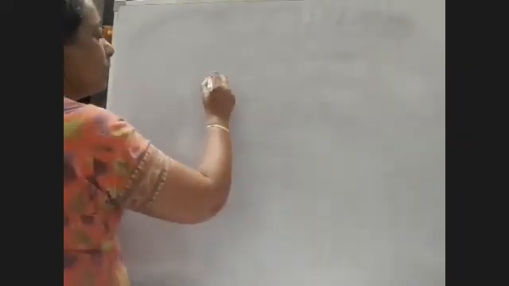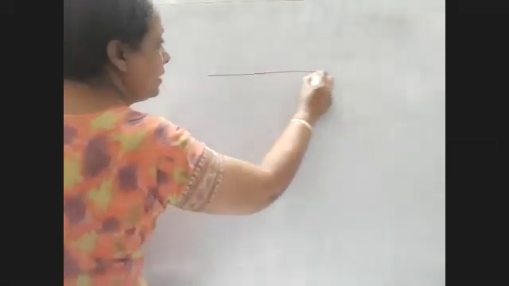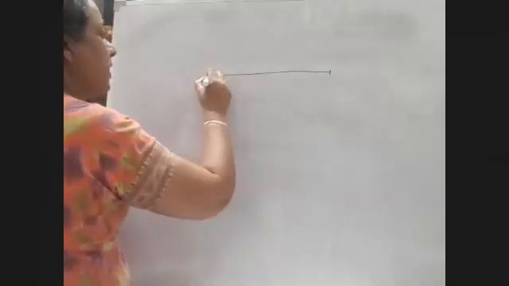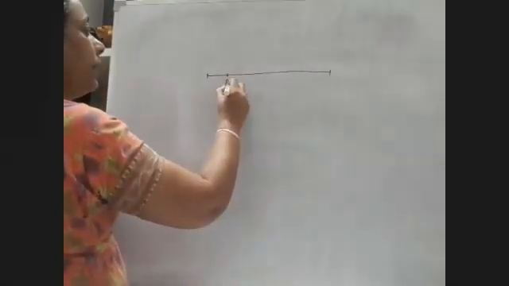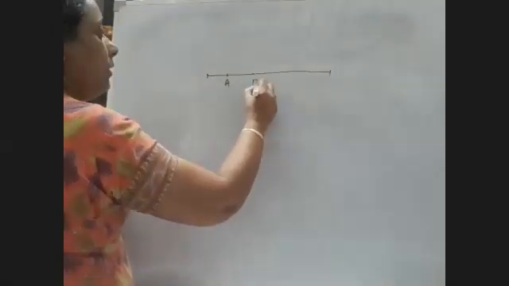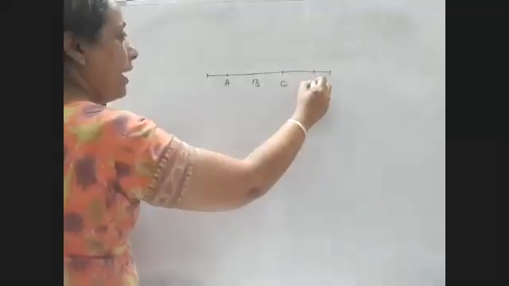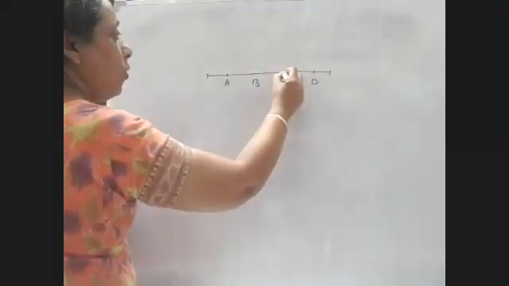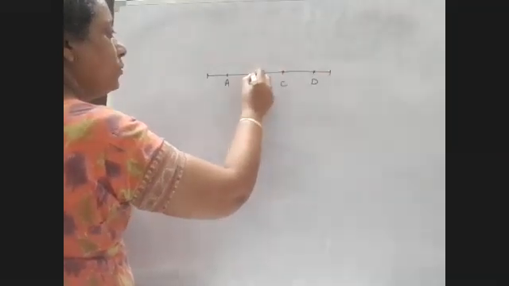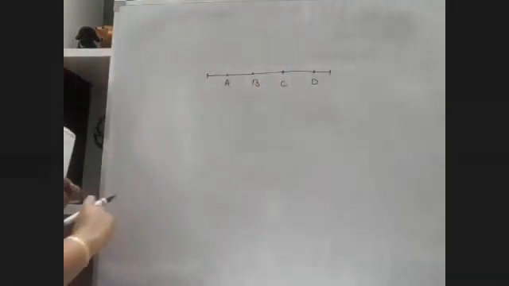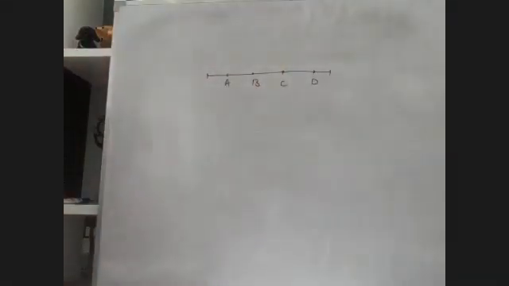For example, students, we have a line segment. On this line, we have points A, B, C, and D. All points lie on the same line.